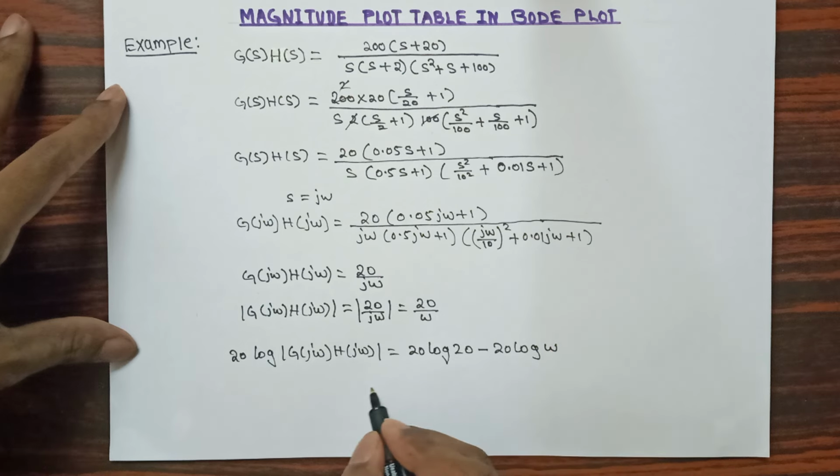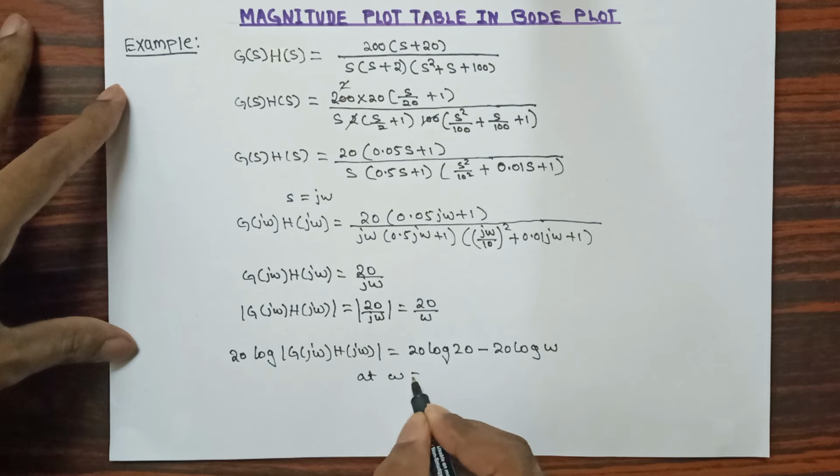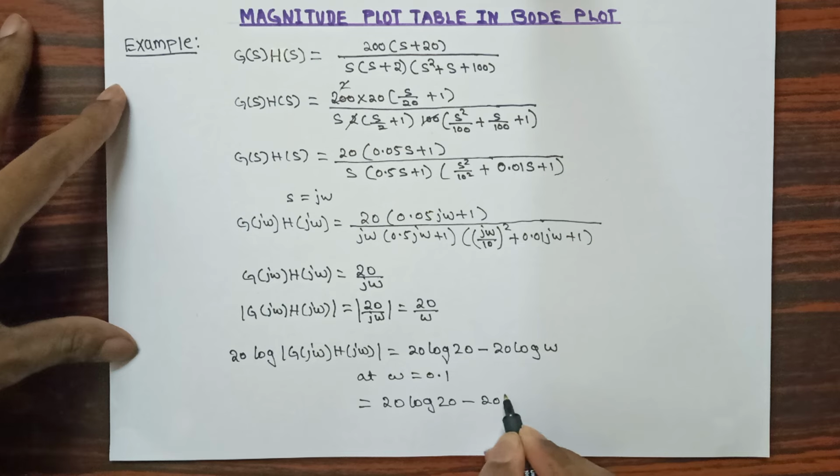And we know that we always find the initial gain at omega is equal to 0.1, therefore at omega is equal to 0.1 we are going to get the initial gain 20 log 20 minus 20 log 0.1. Here 20 log 20 I will get 26.02, minus, and 20 log 0.1 I will be getting here minus 20.